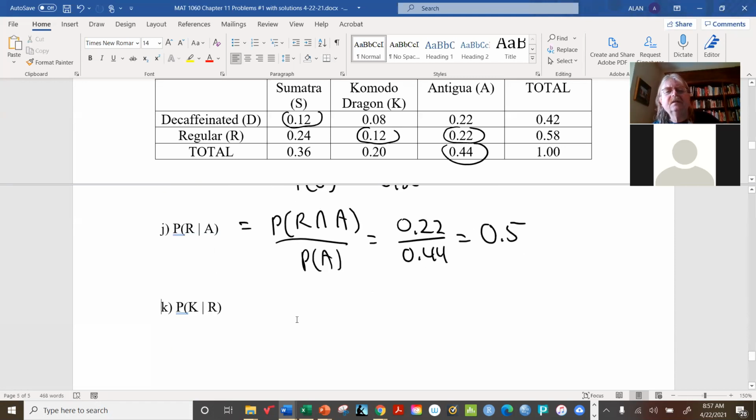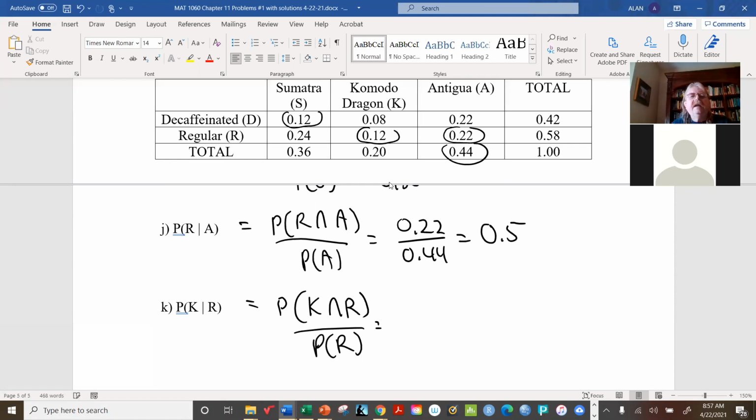And then the last one is K given R. And that would equal K and R over R. K and R is 12%. That's regular Komodo dragon. All the regulars add up to 0.58. And that's approximately equal to 0.21.